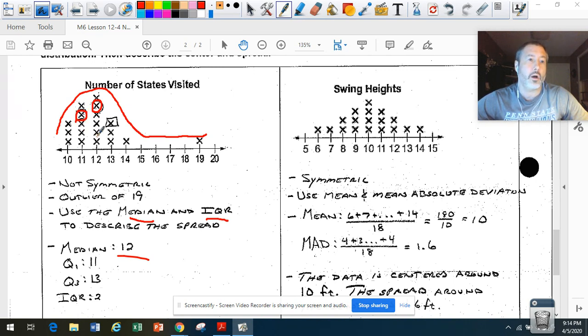To find my Q3, go through all this information over here, and I have my Q3 at 13. Now remember, to figure out the IQR, it is Q3 minus Q1. 13 minus 11 is 2. So the spread of the data is 2.